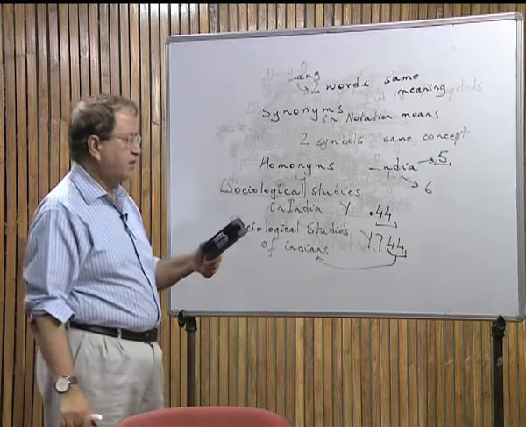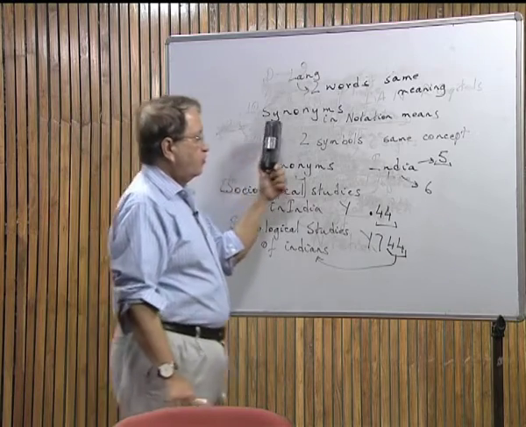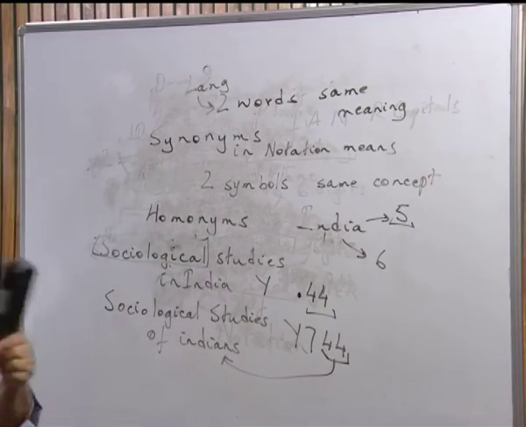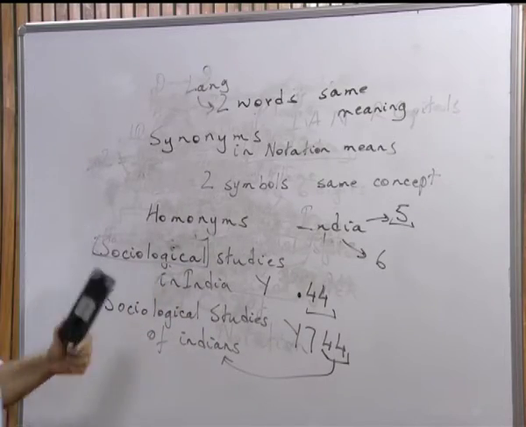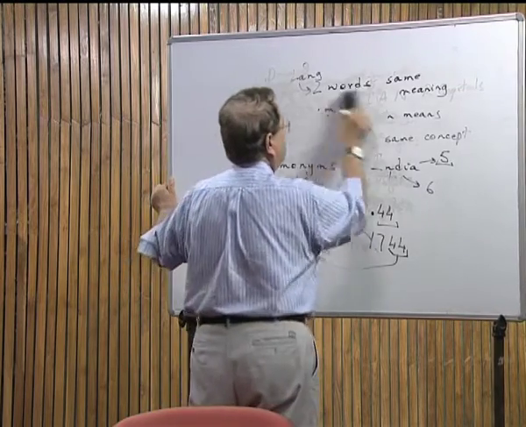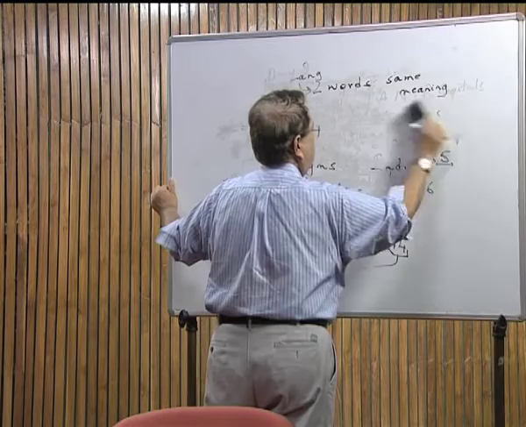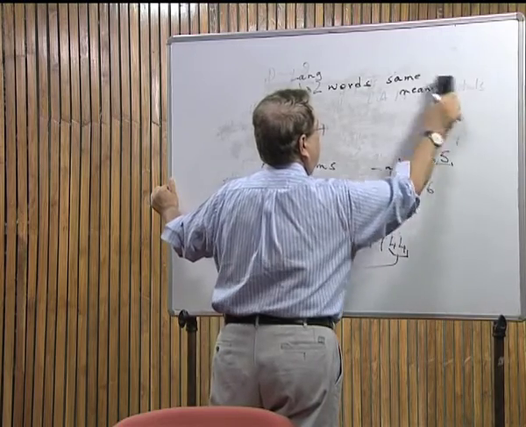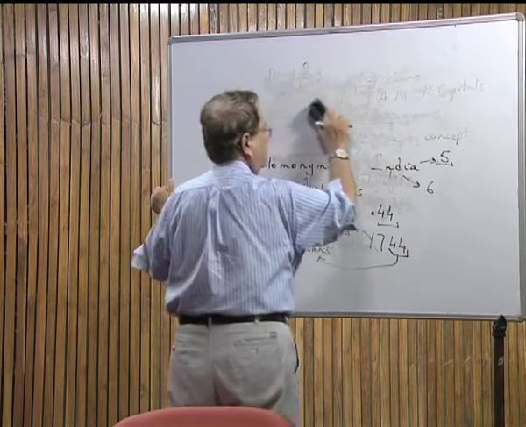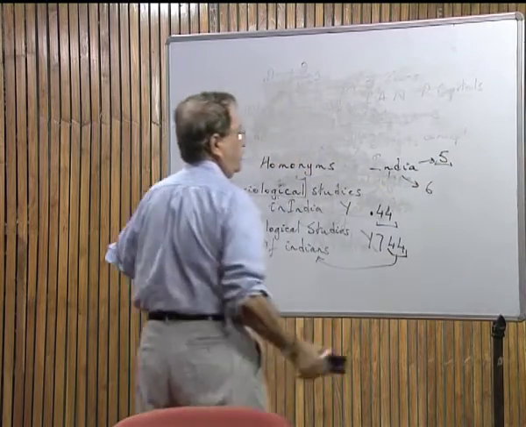So, I hope you understand this, that no concept should be represented by two symbols as far as possible. Ranganathan said that the symbols or the notation representing a subject or isolate in a group of subjects or isolates should be unique.